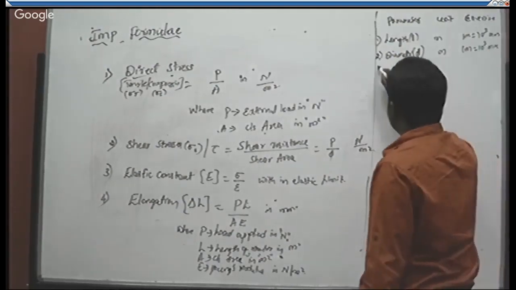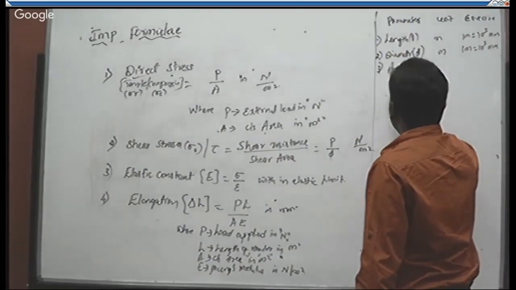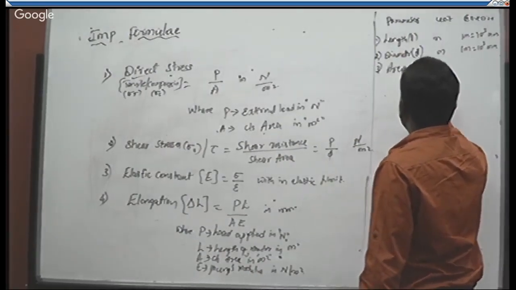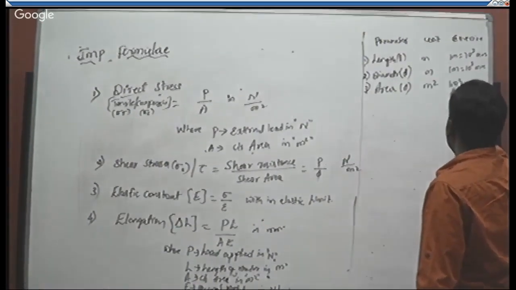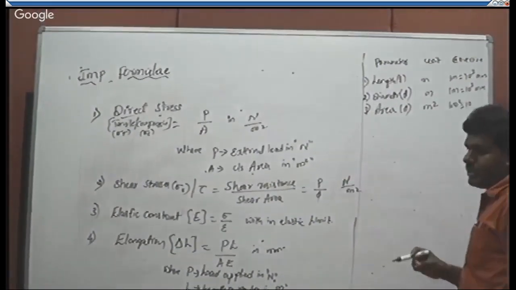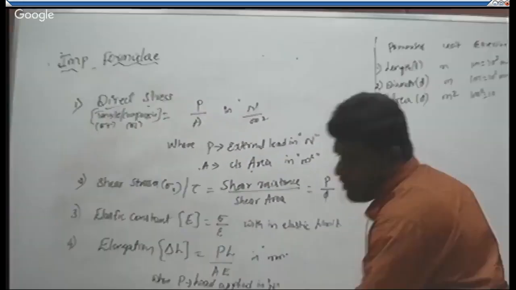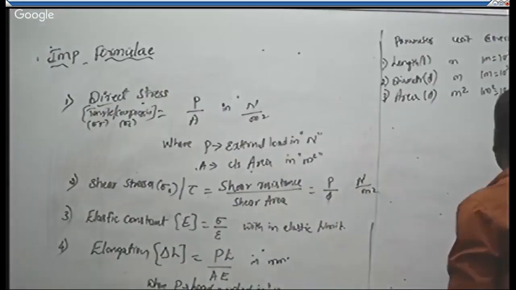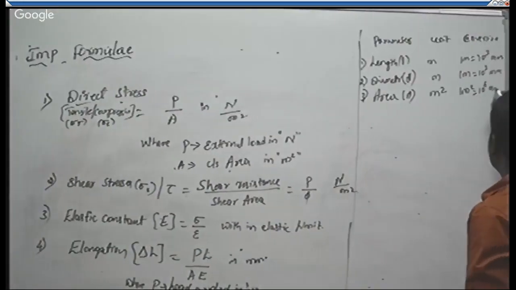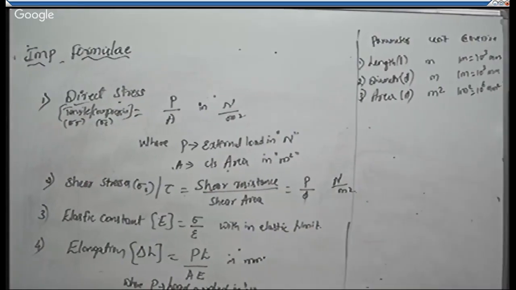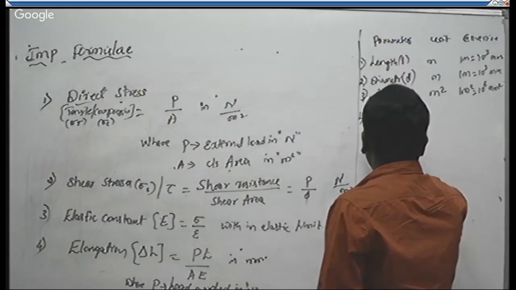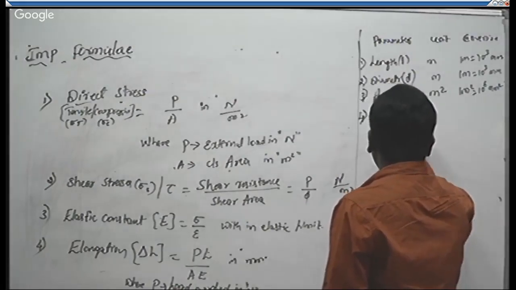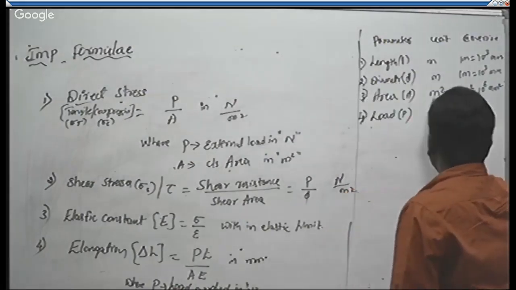When we come to the area, A, this is in meter square, and 1 meter square is 10 power 6 millimeter square. Then we go to the load P, in Newton.